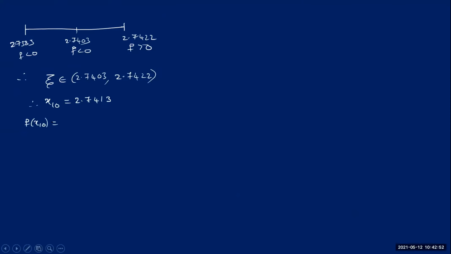So x10, calculation f of x10, you see, at 2.7413. So this function value is now positive, 0.3057, which is positive. So I'm just taking this diagram. Before getting x10, you see the interval is this 2.7403 and 2.7422.